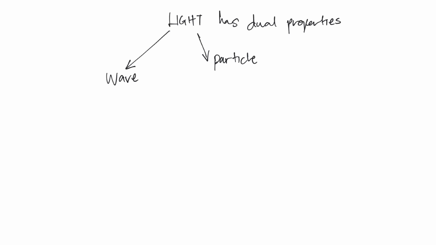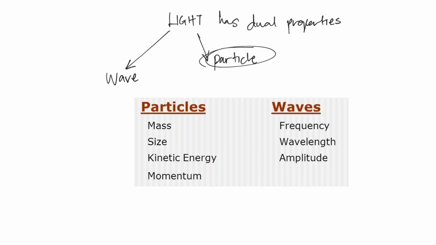So Einstein explained the photoelectric effect by considering light to have this particle nature. Now, we know properties of waves. We looked at it in the previous little bit. But now we have to look at the difference between a wave and a particle. When we look at properties of waves and particles, we know that waves have frequency, wavelength, and amplitude.